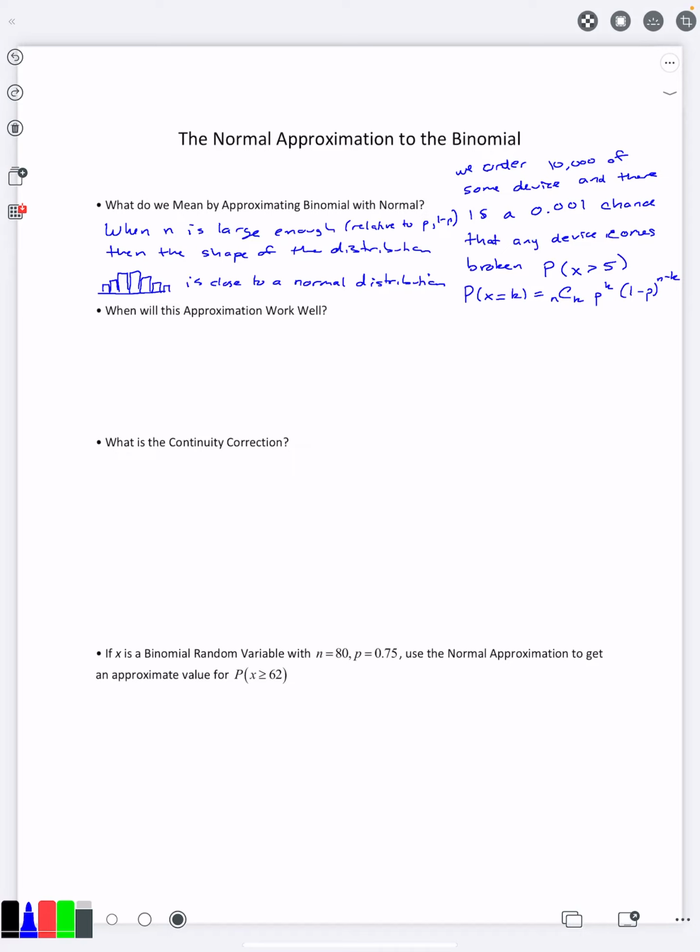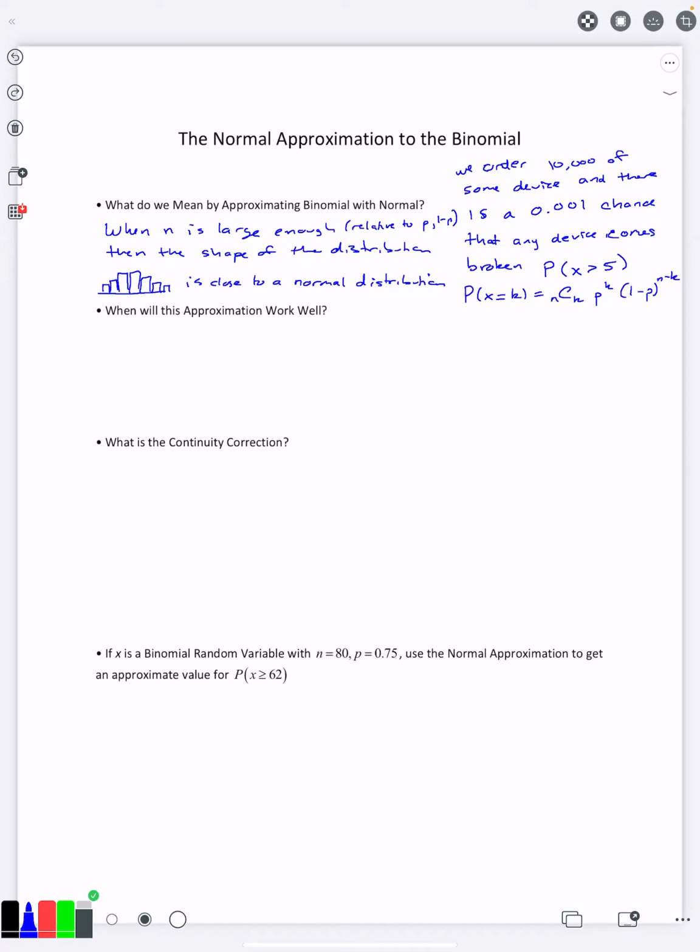So we take our hard binomial problem, convert it to a normal problem, use our table, get our answer, and say that's approximately the right answer for the binomial problem. With that said, nowadays we can get a lot of these things done with our calculators without having to do an approximation. So this is a little bit outdated, but it's still useful to talk about here, and it's actually something that will come up in a later section as well.